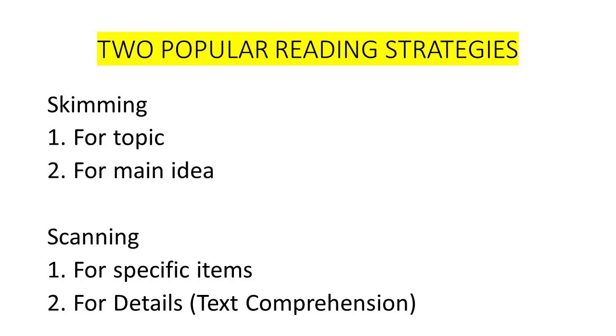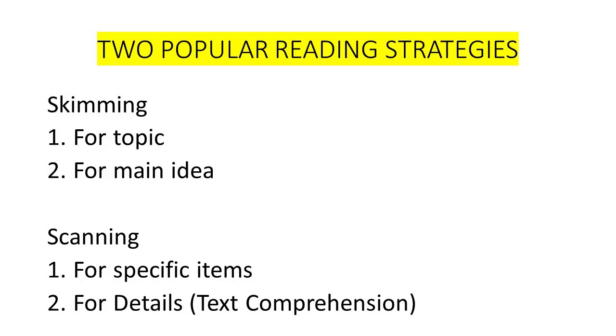Meanwhile, a topic is usually in the form of a word or phrase, and it is a more general idea than the main idea. Okay, so when there are questions like what is the text about or what is the main idea of the text, then you can answer by using the skimming strategy.